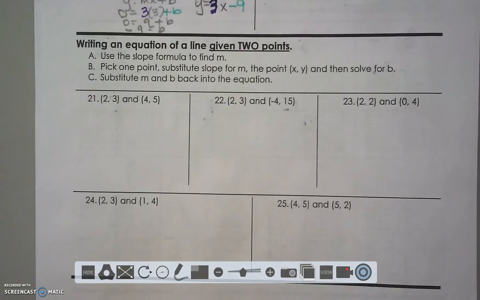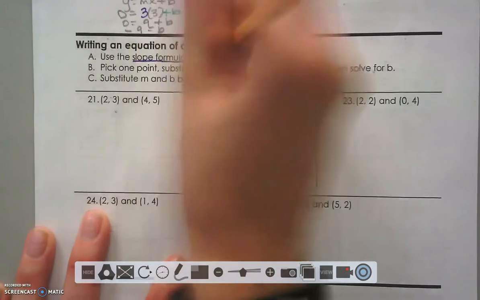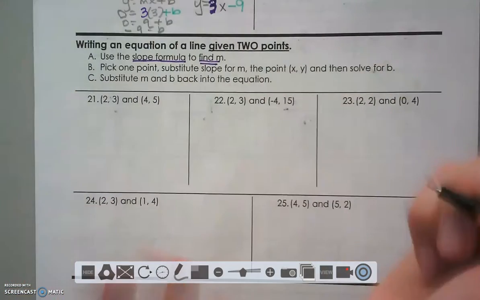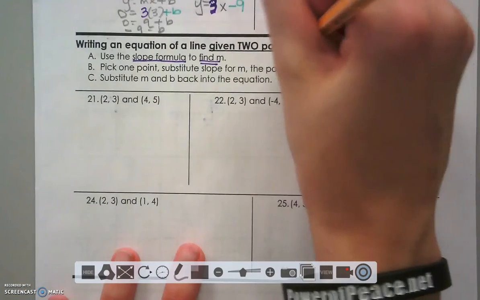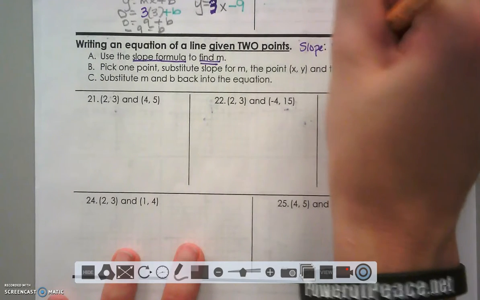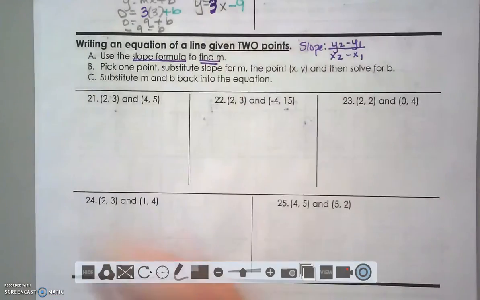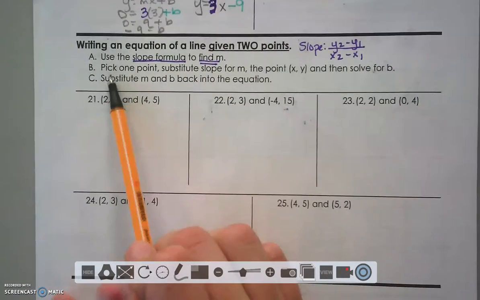And let's finish this set of examples with writing an equation of a line given 2 points. So again, we'll use our slope formula. We got to find slope. If you did not remember, your slope formula is y2 minus y1 all over x2 minus x1. We'll find it between those 2 points.